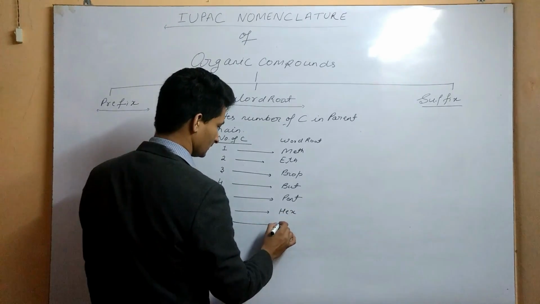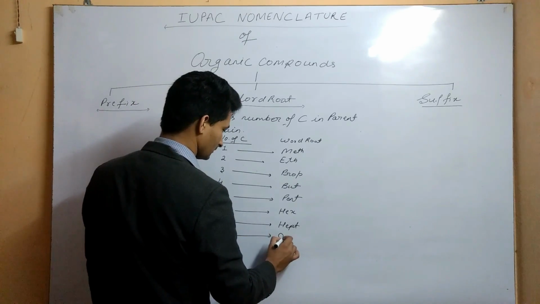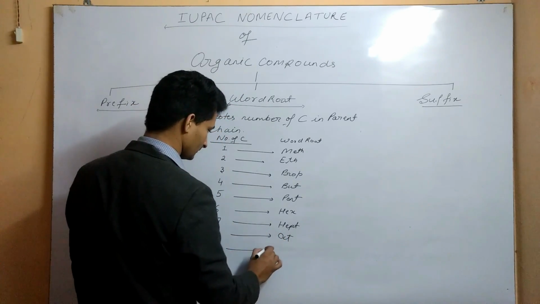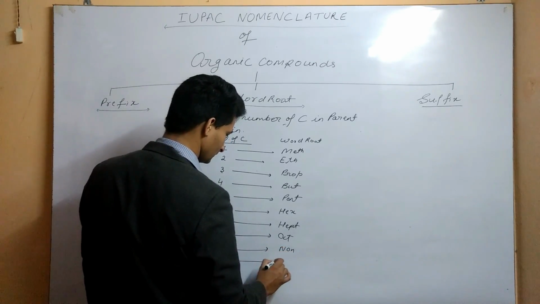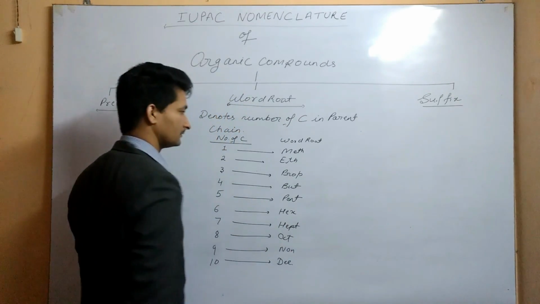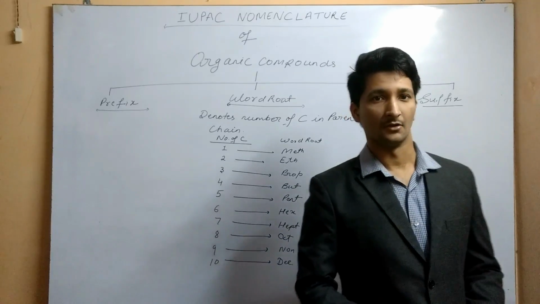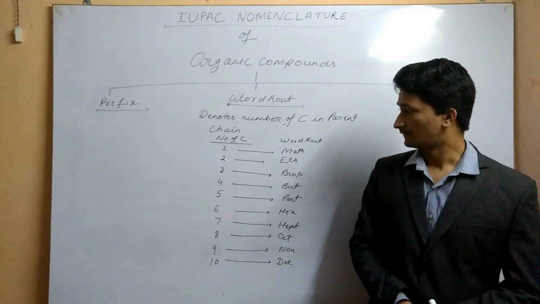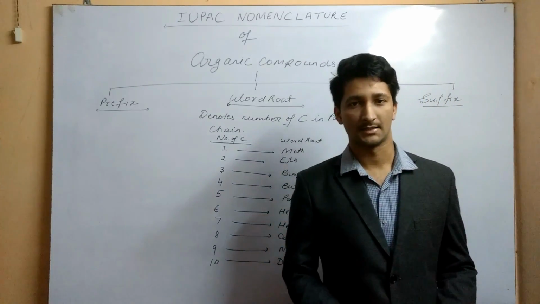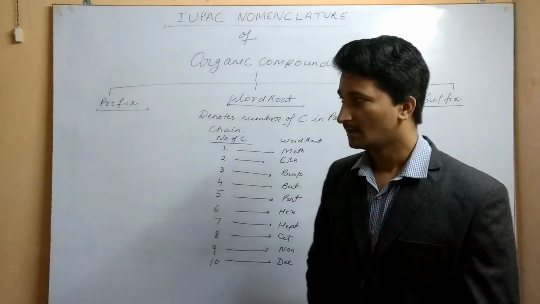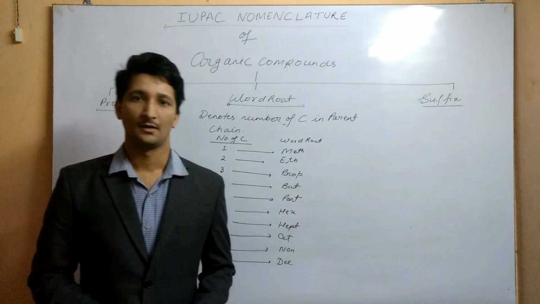For 7, it's hept. For 8, oct. For 9, non. 10, dec. For 11, undec. For 12, dodec. For 13, tridec, tetradec, pentadec, hexadec, and so on. Okay. So the word root gives us an idea about the number of carbons present in the parent chain.